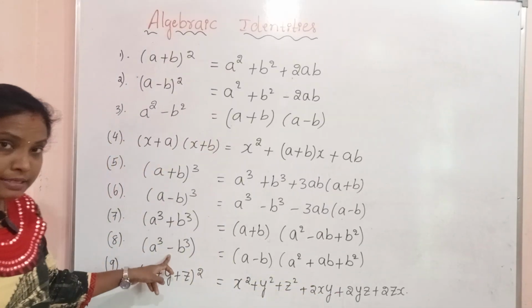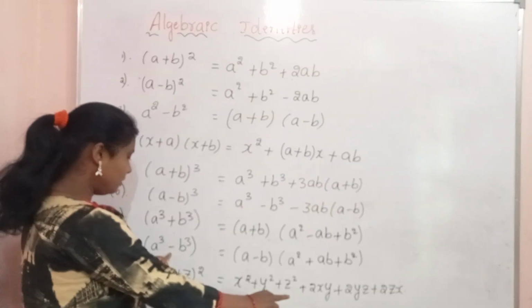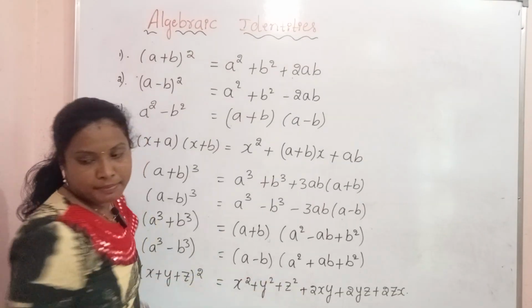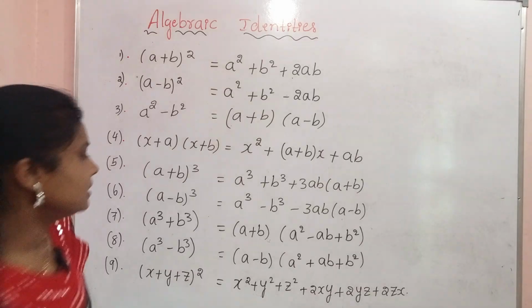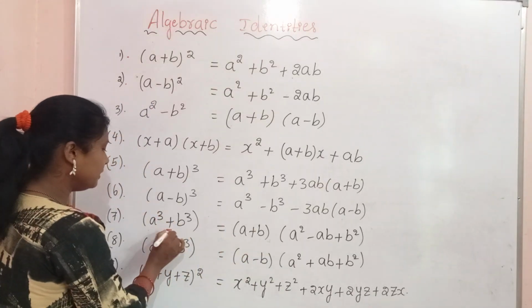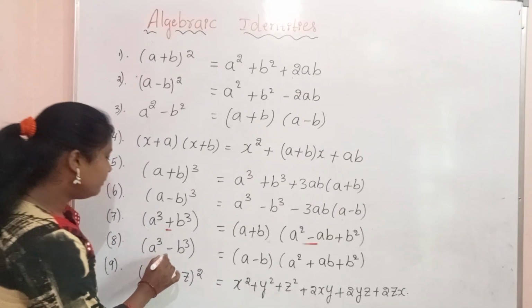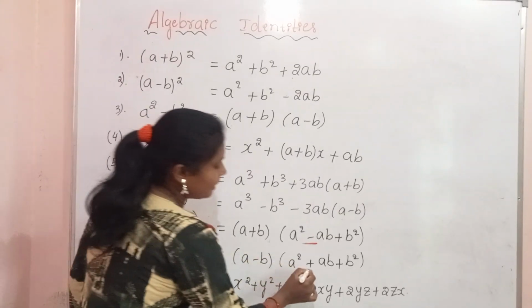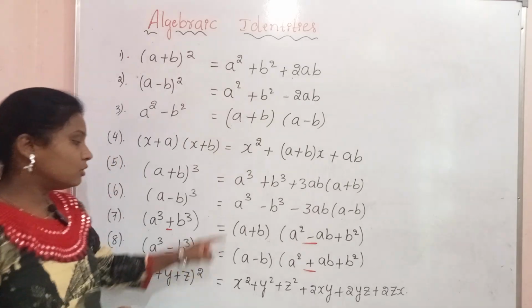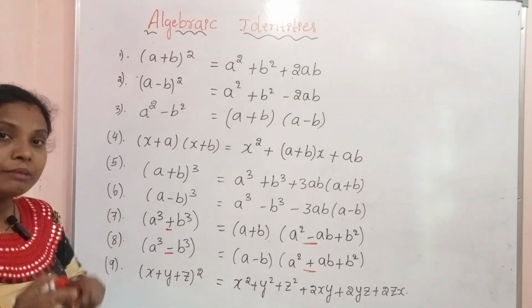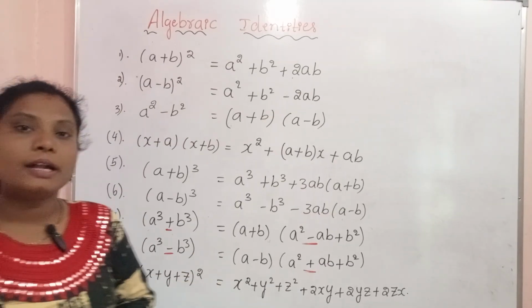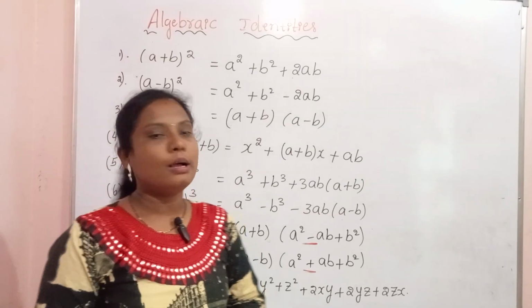If minus comes here, you need to make a change here to plus. Here it is simple. If plus comes, you will make a change to minus. If minus comes, you will make a change to plus. In both cases, same thing. Only the signs are different, that you need to observe.